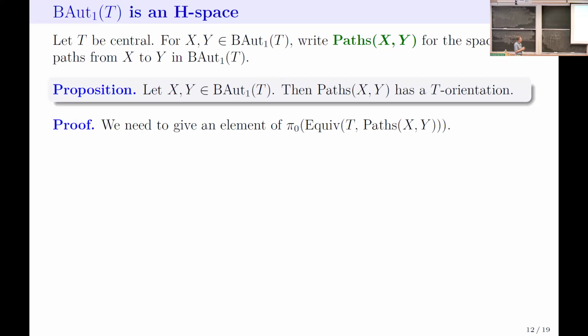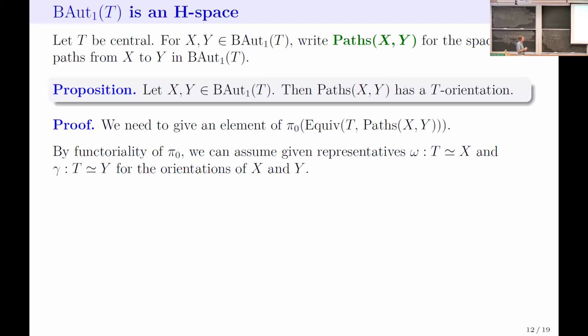So I need to give you the orientation, which is a homotopy class of equivalences from T into this path space. So we have to be a little careful about choices here. I'd like to get something in pi naught of there.